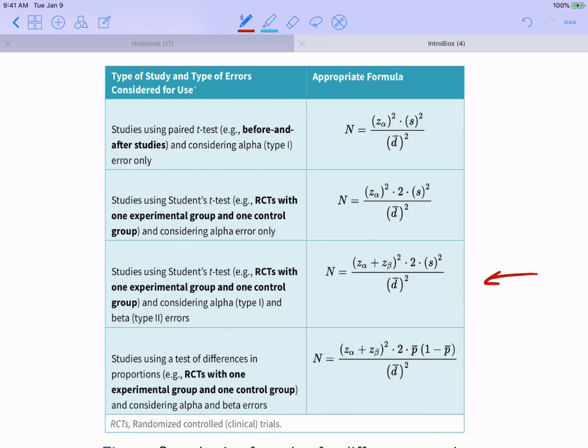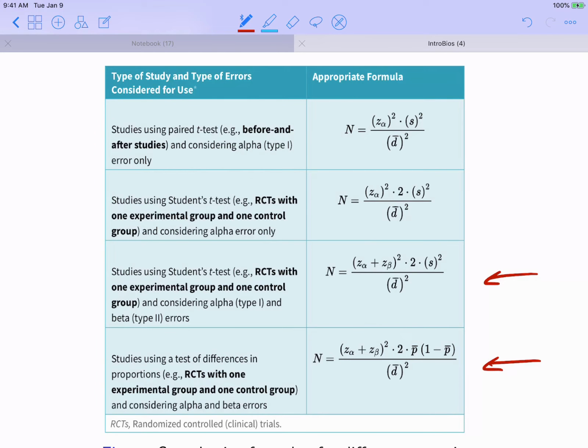If you're looking at testing the differences in, say, two proportions, so you have an event, for instance, death, in your experimental group and your control group, and you're interested in comparing the rate that these events happen, then you could use this sample size formula in order to figure out how many participants you need.